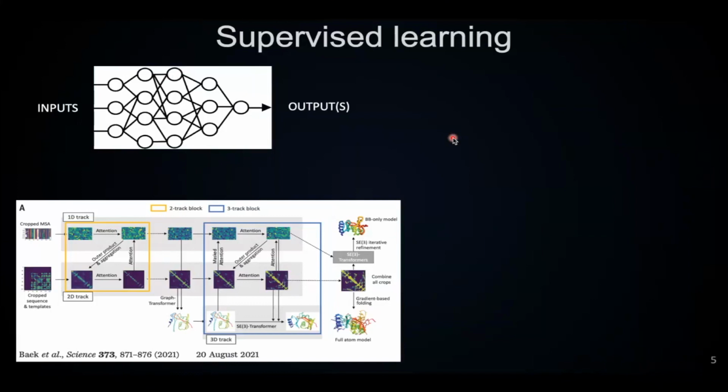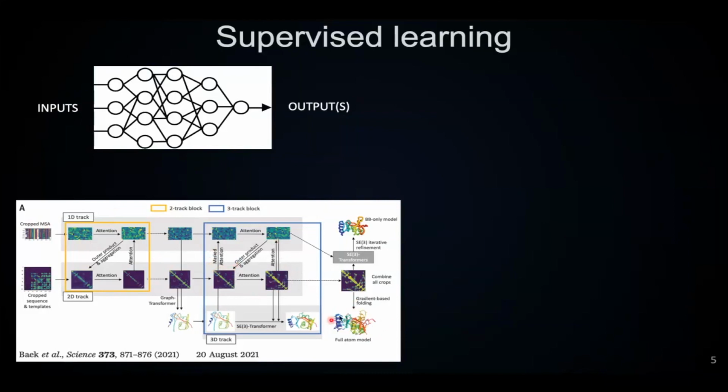This is from one of the papers that was highlighted by Science Magazine. What they do in this paper is they start with a sequence of amino acids. Those are the inputs to the model. The model is a very complicated set of neural networks and other types of models, neural networks of different kinds. They do a lot of processing and back propagation and moving forward and finding patterns.